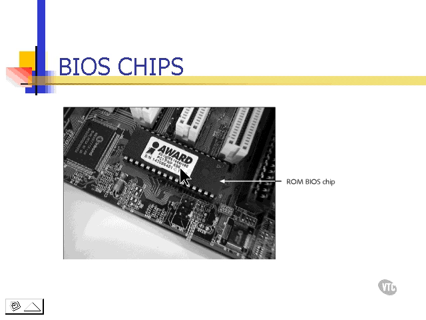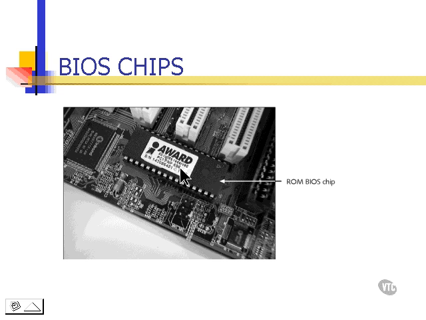BIOS is stored in a chip, and the chip is typically permanently installed on the board, but can be changed, which is called flashing the BIOS. If we do this change, we should be extremely careful, because an improper flash of a BIOS could render a computer completely useless.